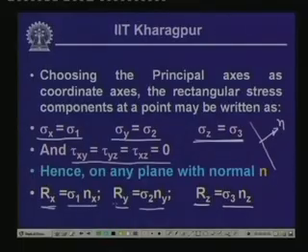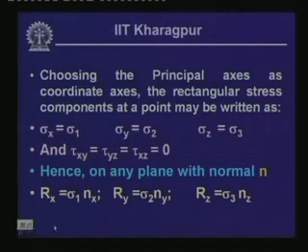So, in the Cauchy stress formula, we are replacing sigma x by sigma 1, sigma y by sigma 2 and sigma z by sigma 3, and the shearing stress components are 0. Hence, r x equals sigma 1 n x, r y equals sigma 2 n y and r z equals sigma 3 n z.